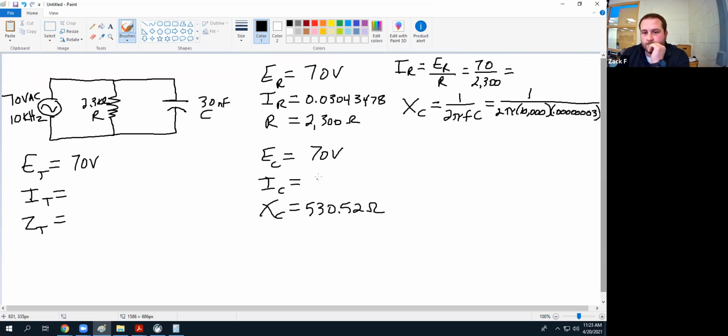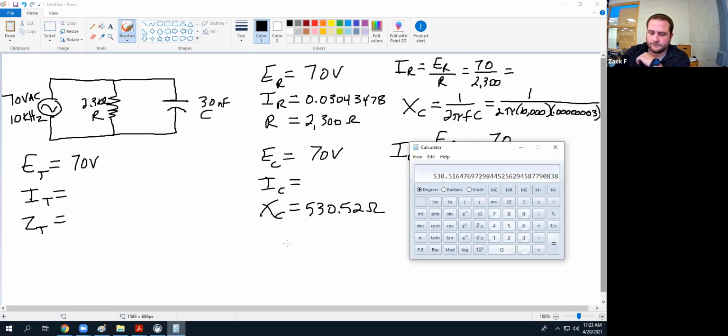Current through the capacitor. Can we do that? Ohm's law, right? IC equals E over R. Hundred and 32 millionths.